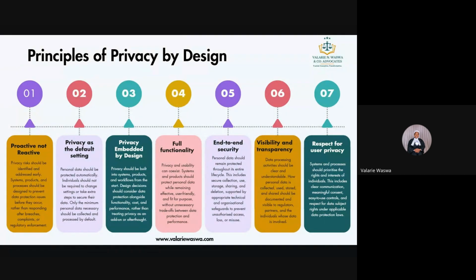Let's say you have developed a fintech app, a fintech Chama app. The users of this app shouldn't have to change their settings or take extra steps to secure their data from the get-go. The moment they install the app and log in their credentials, privacy should be the default setting.